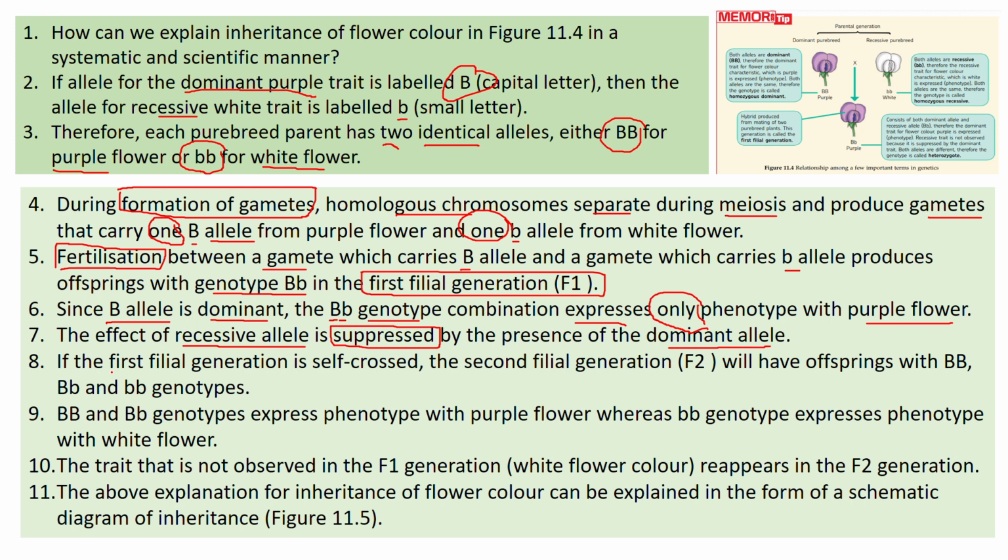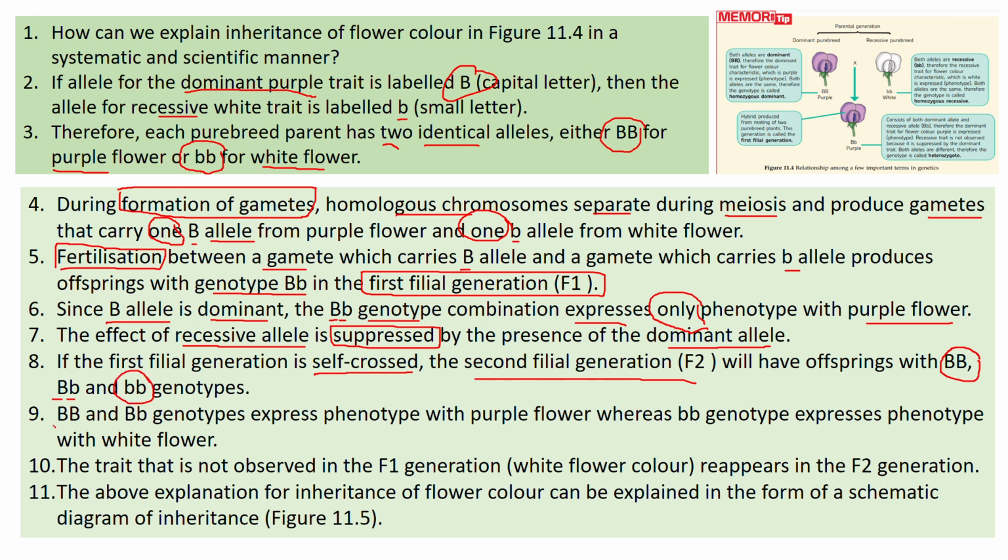So if the first filial generation is self-crossed, the second filial generation, F2, will have offsprings with these genotypes: both capital B, a capital B and a small letter b, and both small letter b.